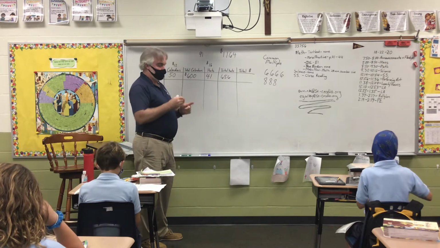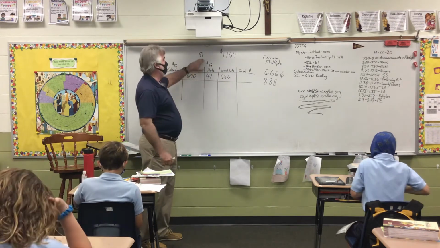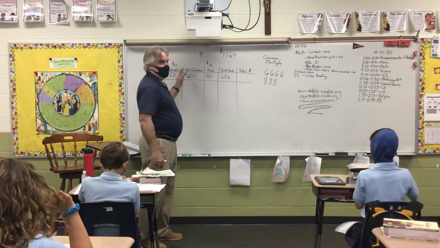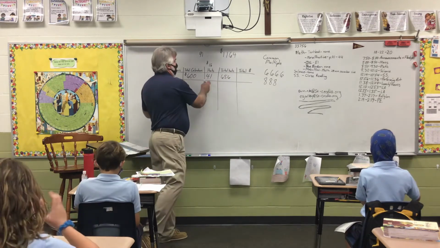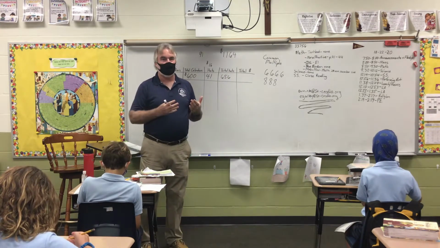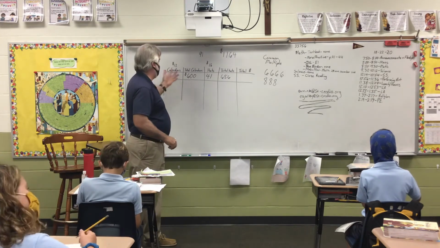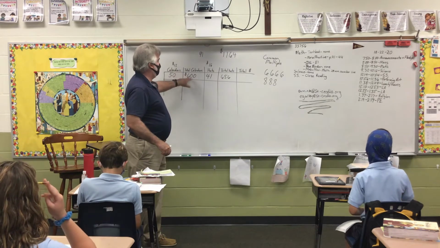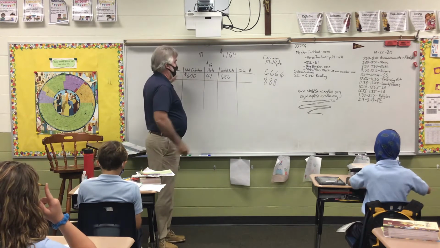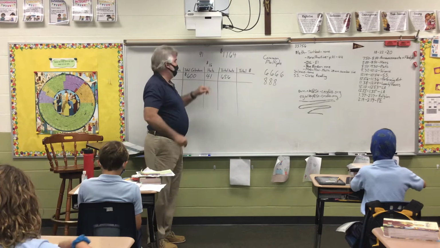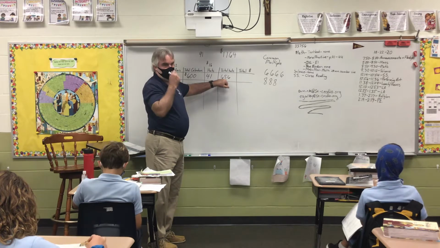It's in the directions. It says the hats cost $16, the calendars cost $12. They sold 91 of them together, and their total cost was this. So now you're trying to figure out how many hats and how many calendars they sold. If I start guessing and say 50 calendars, 50 times 12 is 600. 41 hats, because I have to add up to 91, at $16 comes to 656.